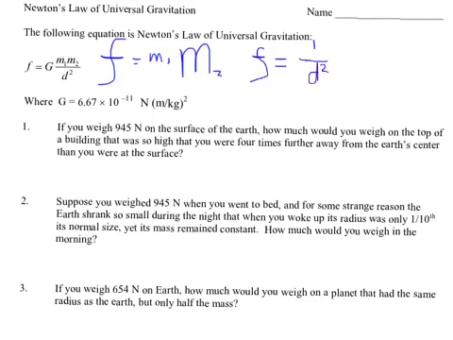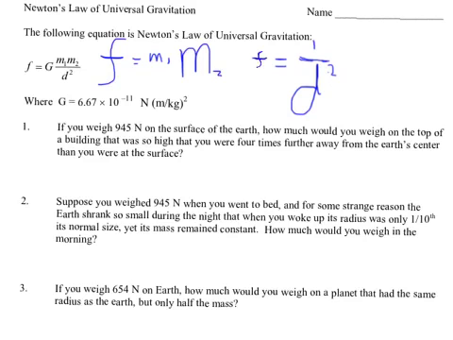In other words, if the distance gets 2 times bigger, now I'm dividing by the square of that distance. So in that case, force gets not 2 times, but since it's squared, 2 squared is 4, the force will get 4 times smaller.